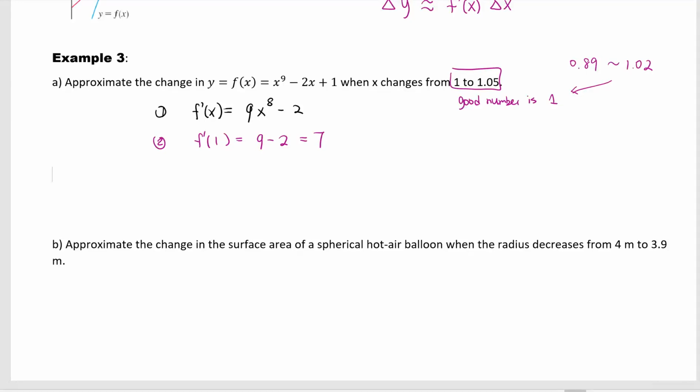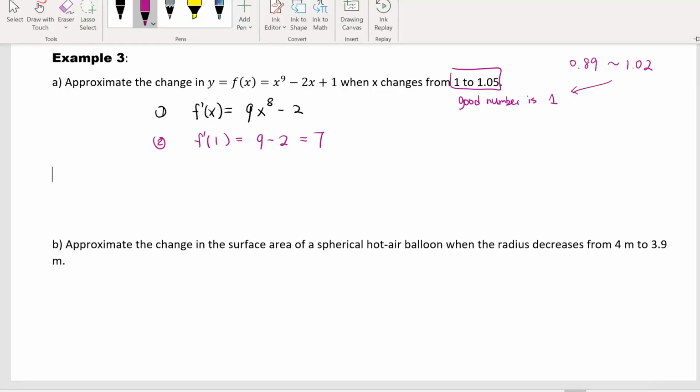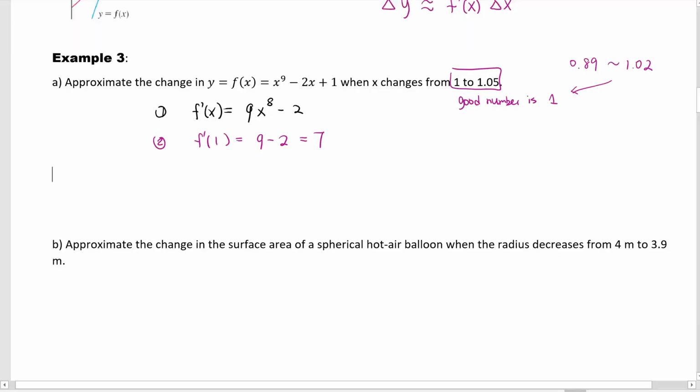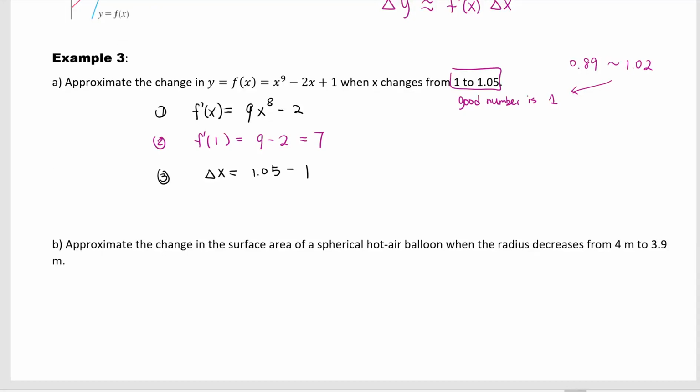So that is 7. And what is change of x? Next, change of x, we use the final value 1.05 minus the initial value 1, so it is 0.05.